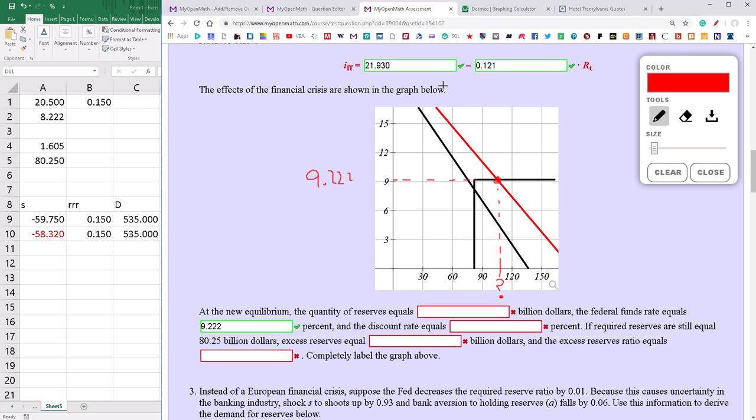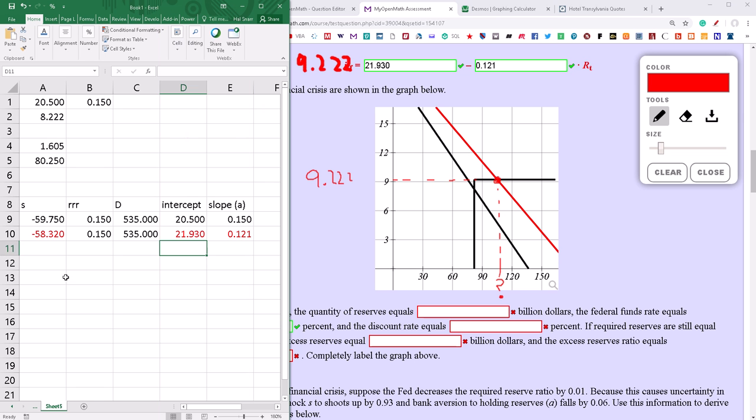So what we're going to do is take this new demand curve and set it equal to the federal funds rate. Okay, and we're going to solve that for R. We can do it over here. I'm going to go ahead and merge these cells together so I can do this down here.